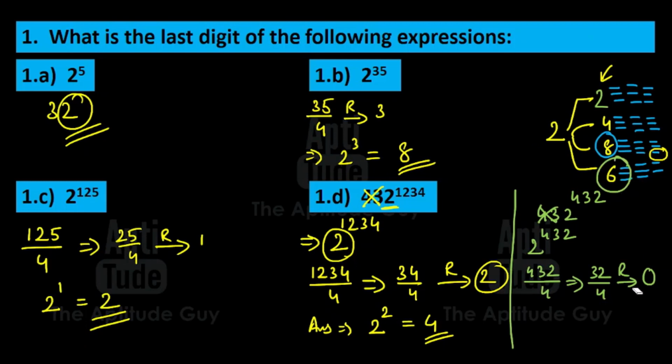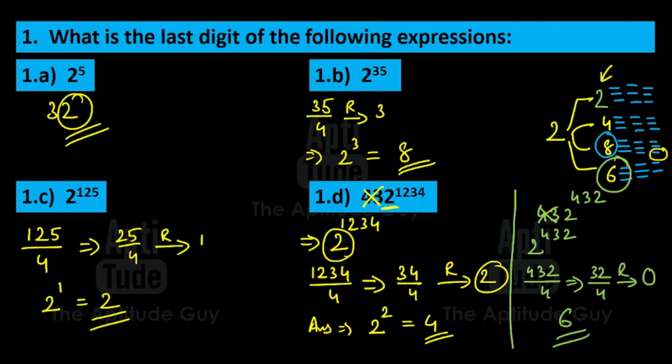So if the remainder is 0, that means the answer is 6. The cycle is complete. And this is for any number, be it 3, be it 7, be it 8, be it 4, be it 9. When the cycle is complete, we take the last term of the power cycle. That is all that it is.